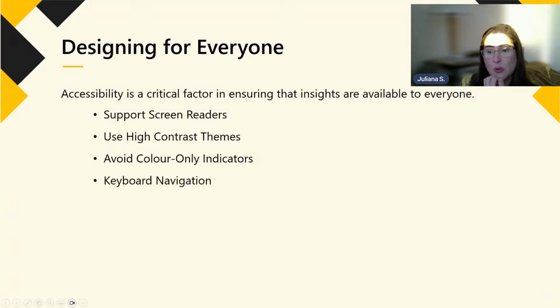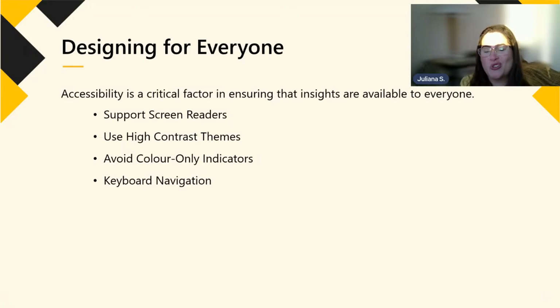And then we have keyboard navigation. Power BI is also compatible with keyboard navigation by default. And we need to understand not all our users rely on a mouse. We need to ensure that interactive elements, and these are filters, icons, are accessible by keyboard shortcuts.